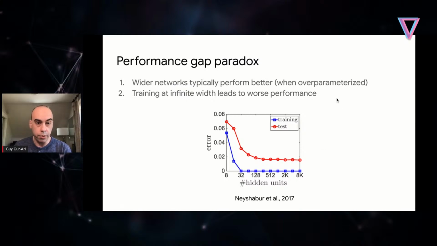One is, we've already mentioned that wider networks typically perform better. And I'm mentioning here that this holds when they're over-parameterized, that is, when they have enough capacity to memorize all the training data. Here is an example, one of the first results on this from 2017, which shows what happens when you train networks with more and more hidden units, which you get by increasing the width.